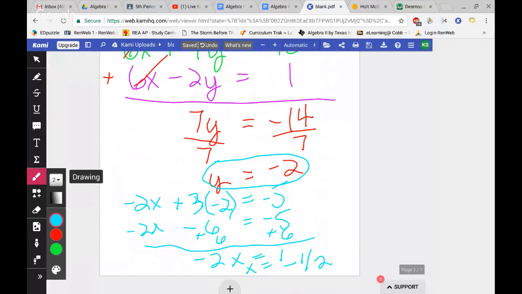So my ordered pair is -1/2, -2 for my final answer for that one. Do you see how I got it?